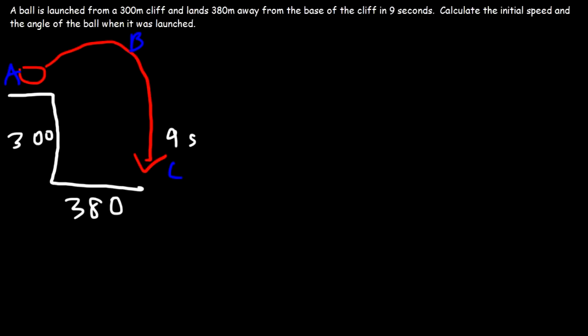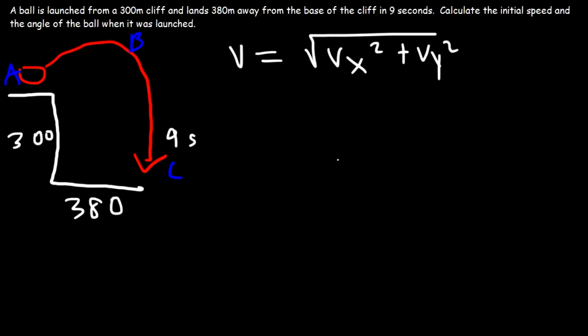How can we use this information to calculate the initial speed of the ball and also the angle? Well, if we could find Vx and Vy, we can use this equation to get the initial speed of the ball. We got to find Vx and Vy at position A.